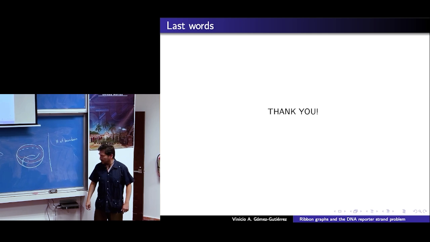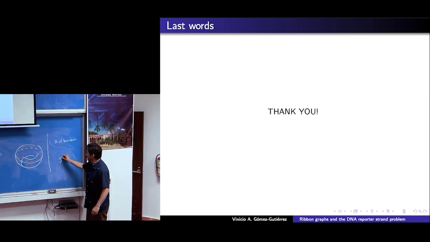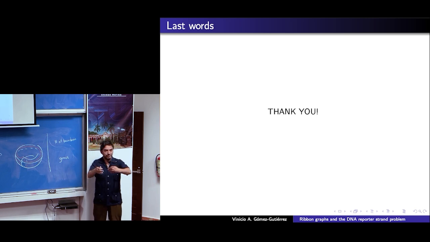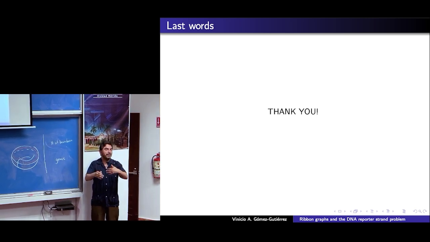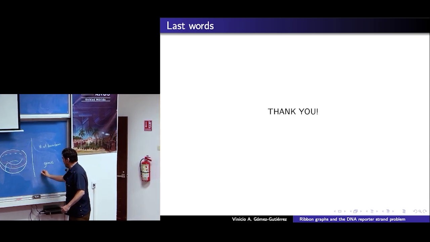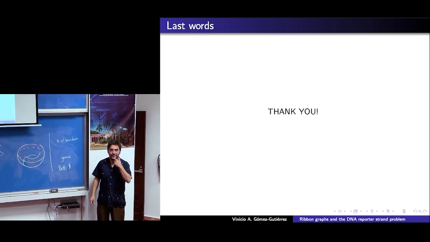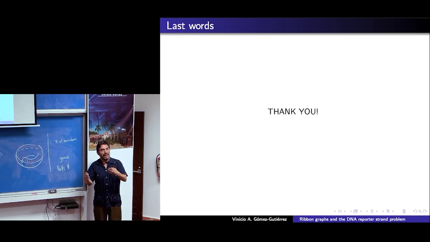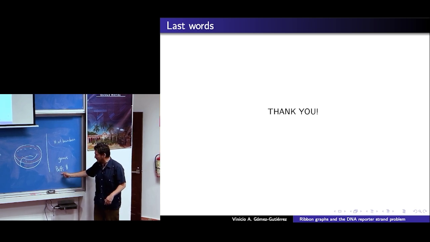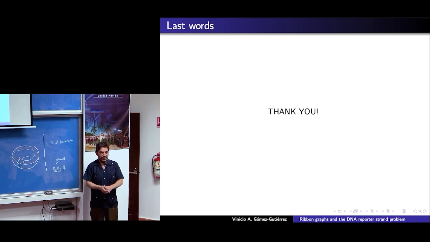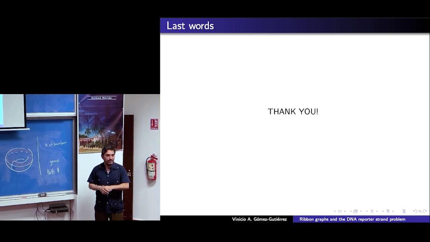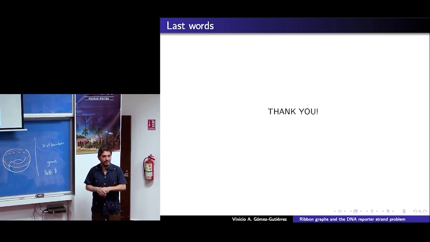I did not present them, but the genus of the surface and the Betti number give you an upper bound and a lower bound for the number of boundary components. This is what I can say.